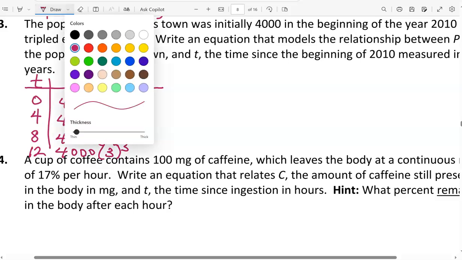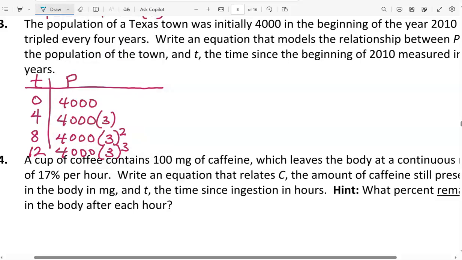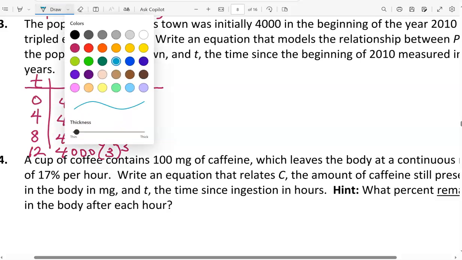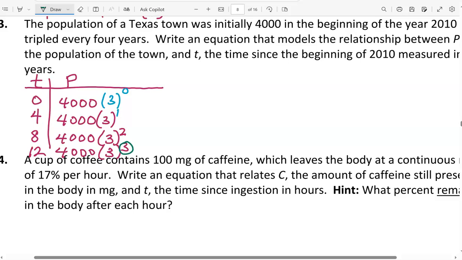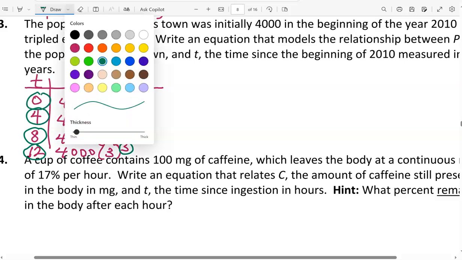I'm going to go back and put in some implied values here. That 3 that's sitting there should be raised to the 1st power, and we can write a 3 raised to the 0 power in our initial value. What we need to be aware of is that these exponents this time do not match the value of t, except for when t is equal to 0.